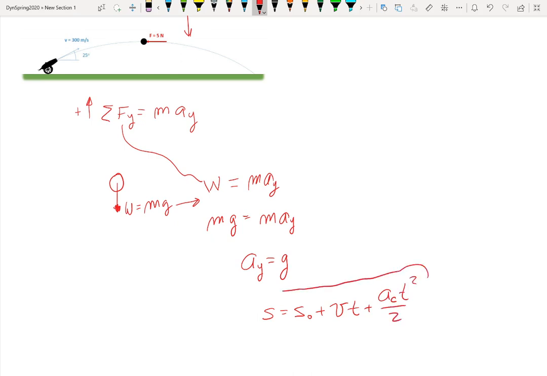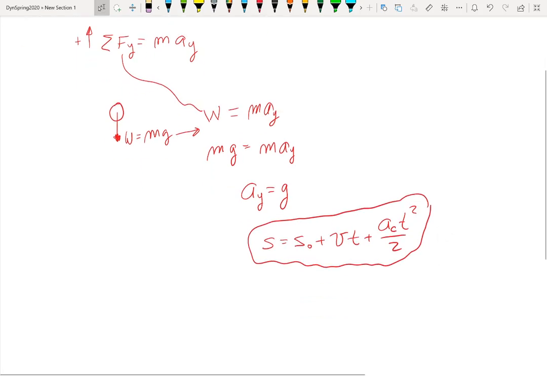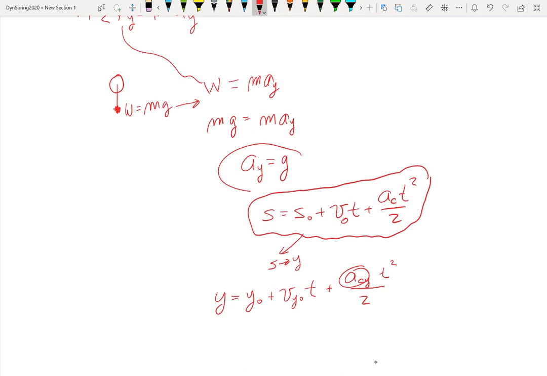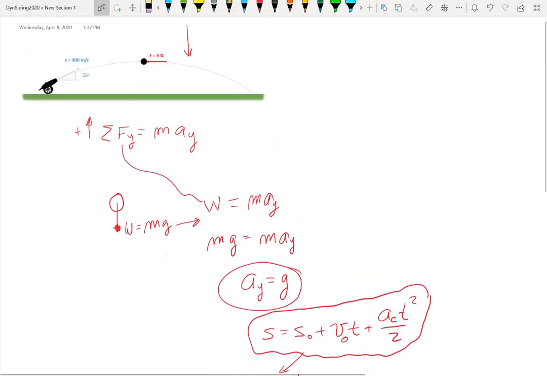Now that was a single one, in other words, it didn't have a coordinate. I can just replace s with y: y equals y naught plus vy naught t plus acceleration in the y, t squared over 2.